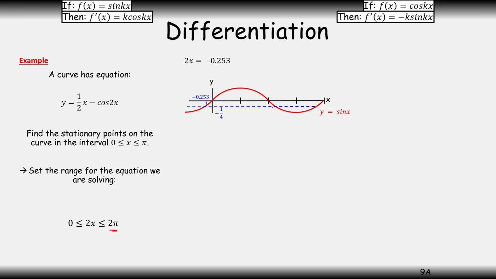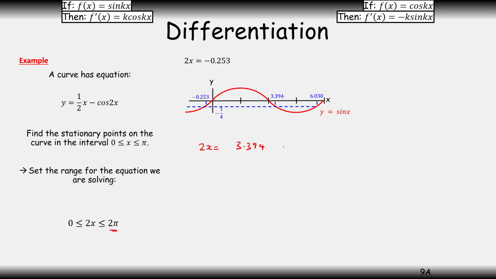By symmetry, when we replicate it here, that's pi plus 0.253, we get 3.394, and here 2 pi minus 0.253, we get 6.030.